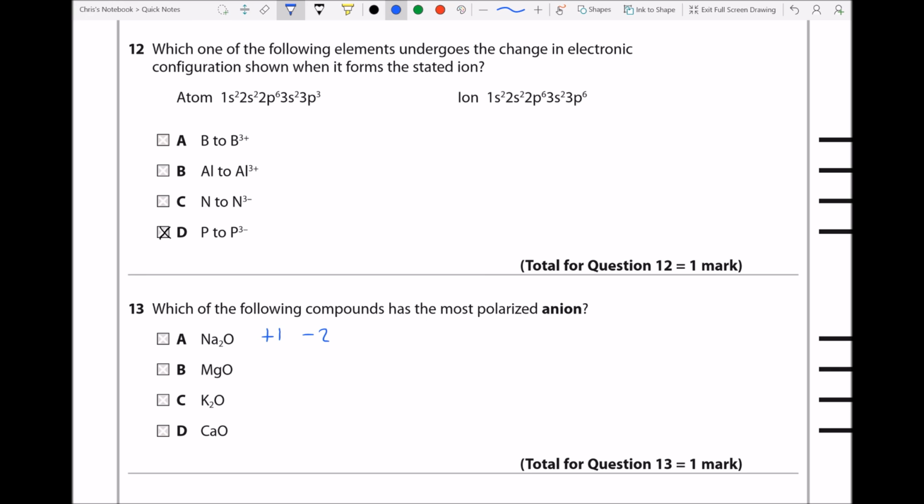Oxygen is -2. Magnesium is +2 because it's in group 2. Oxygen is -2. Potassium is +1 for 1 potassium. Oxygen is -2. Calcium is +2. Oxygen is -2. So what you're looking for is the biggest charge difference. So you can see the difference between these. There's a bigger difference between them two than any of the others. So we've narrowed it down to B and D straight away.